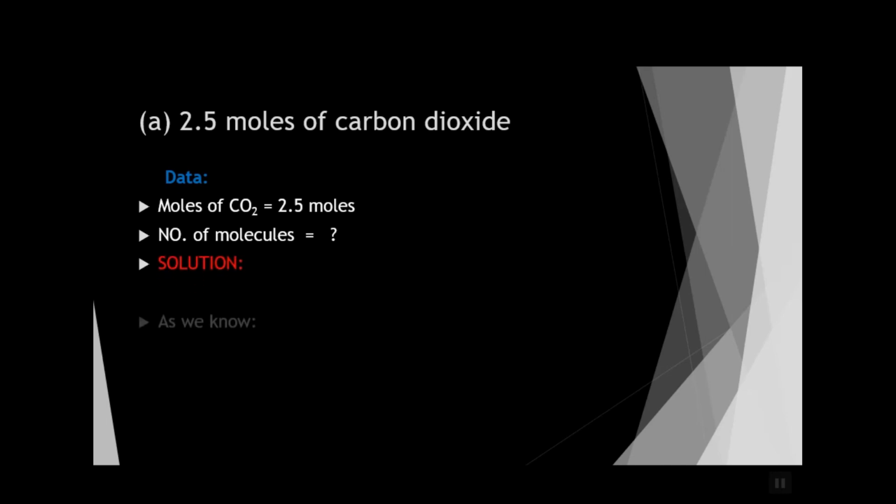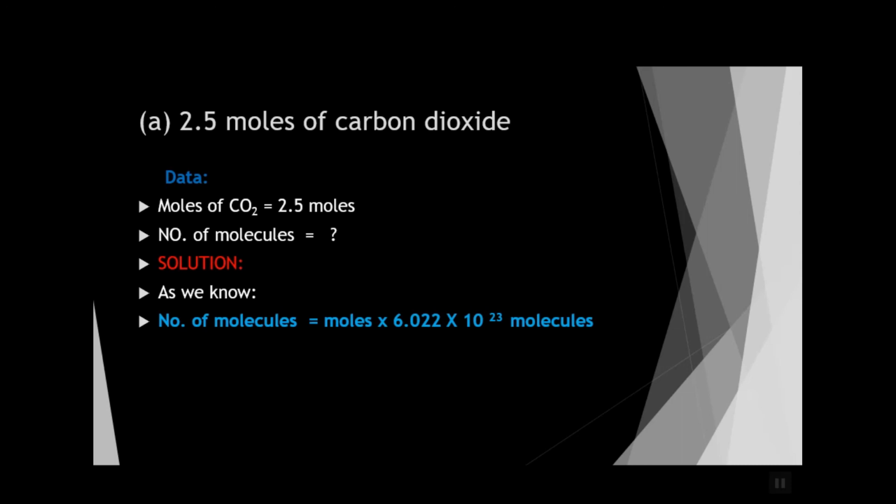So solution: do we have to find the molar mass of carbon dioxide as well? No, because it's a mole-particle relation, so there is no need to find the molar mass of carbon dioxide. So just apply the formula: number of molecules is equal to moles times Avogadro's number.